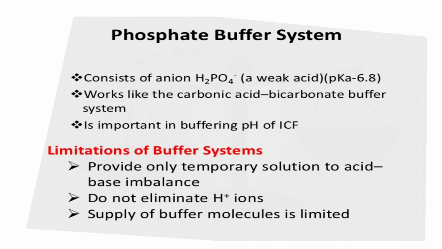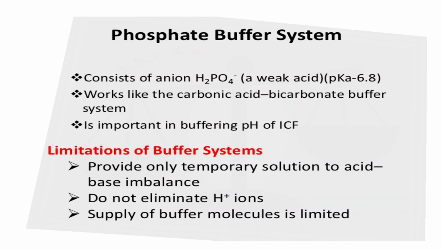Unlike the hemoglobin buffer mechanism, where the hydrogen and bicarbonate both are controlled, the phosphate buffer mechanism doesn't eliminate the hydrogen ion, but it can reduce or increase the phosphate level, and hence acts as a comparatively weaker buffer, but it starts only in the next level.